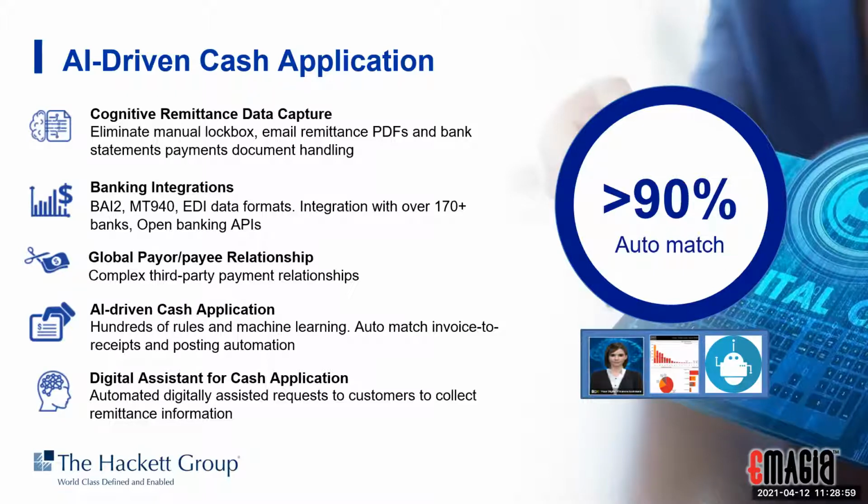You can literally take this to 90-95% touchless, straight through posting, auto matching, all of that. One of the huge breakthroughs in cash application is the ability to read documents, whether it is your email body, or the attachments that come in the emails as remittance advisories or bank statements.